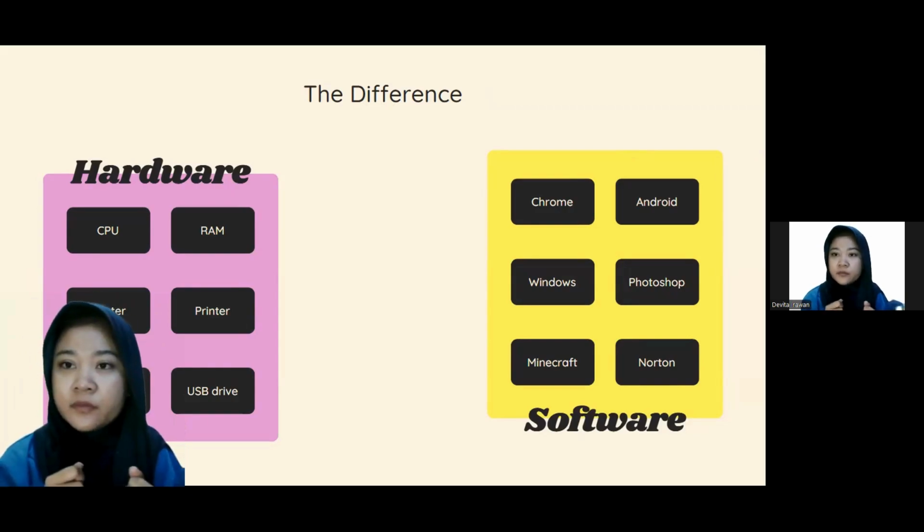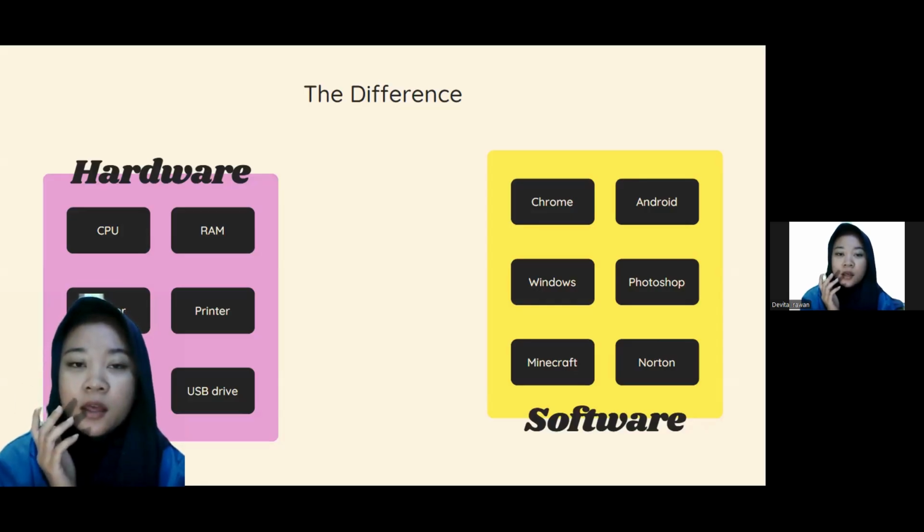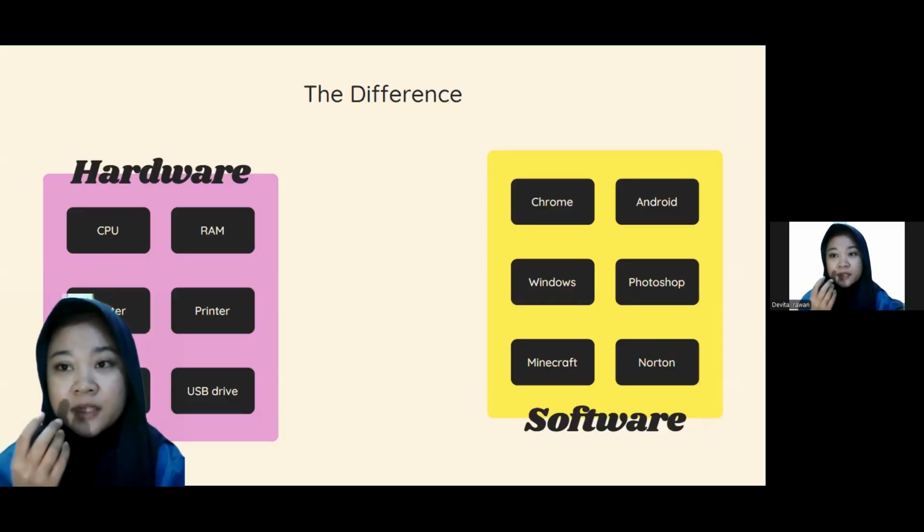In these examples, you can see they're very different, guys, but very interconnected.